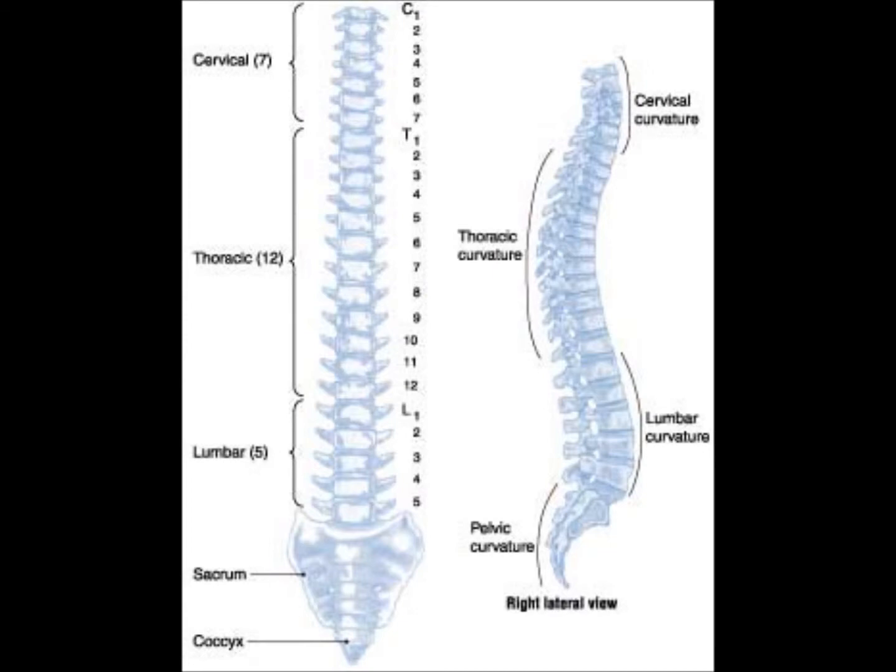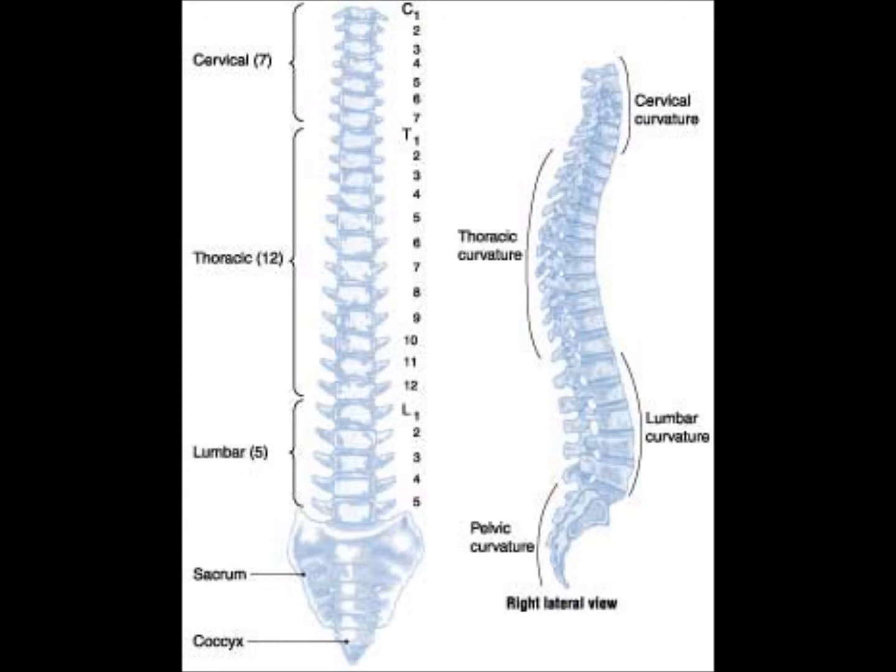Now, a little slow anatomy lecture. Our vertebral column consists of 7 cervical spine, 12 thoracic, and 5 lumbar. And then we have the sacrum, and around the sacrum we have the pelvis bones.